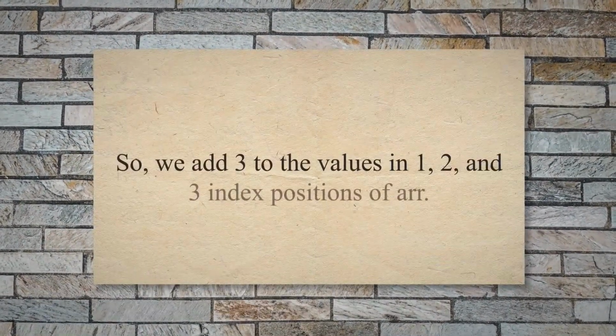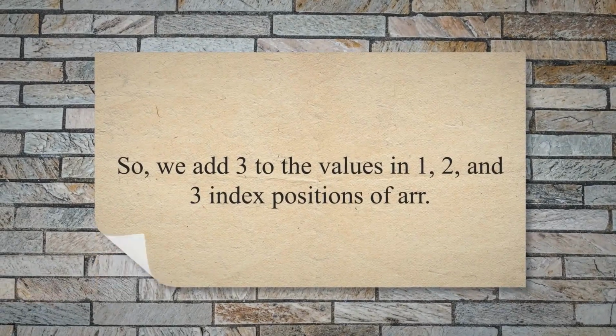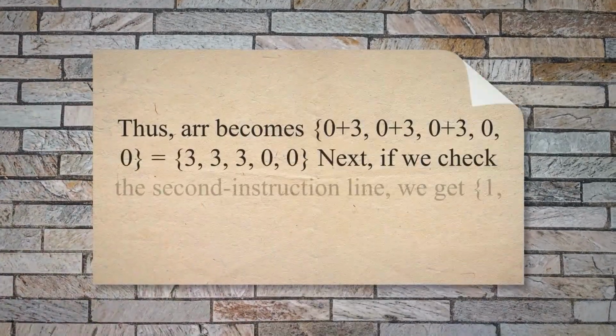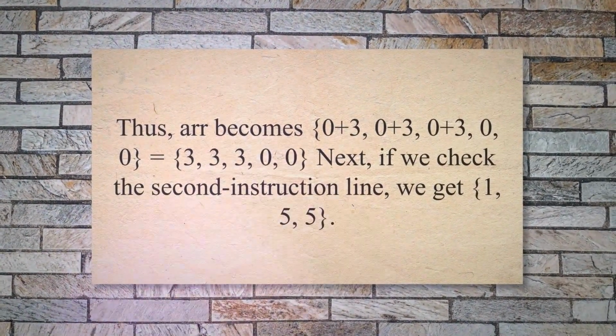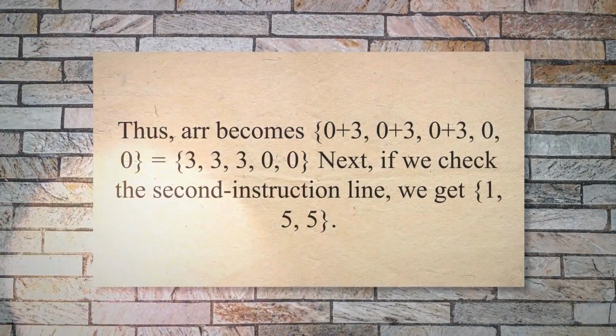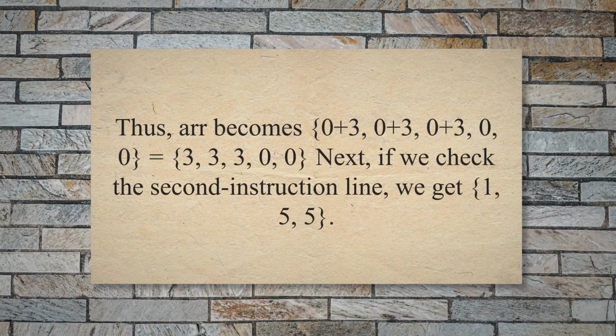So, we add 3 to the values in 1, 2, and 3 index positions of R. Thus, R becomes 0 plus 3, 0 plus 3, 0 plus 3, 0, 0, equals 3, 3, 3, 0, 0.